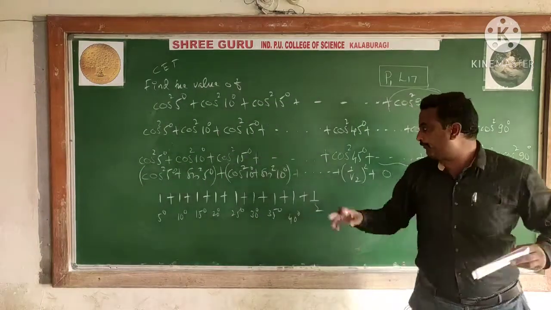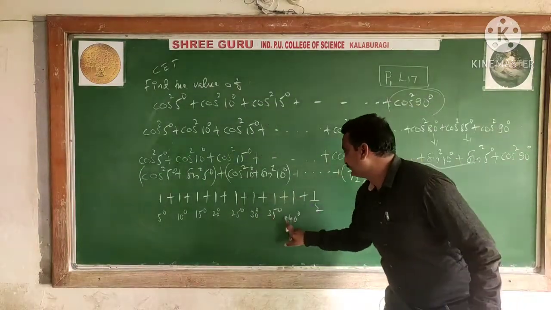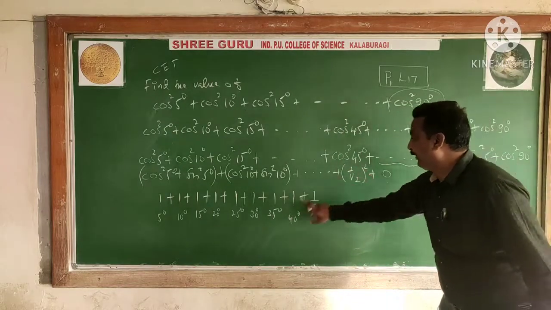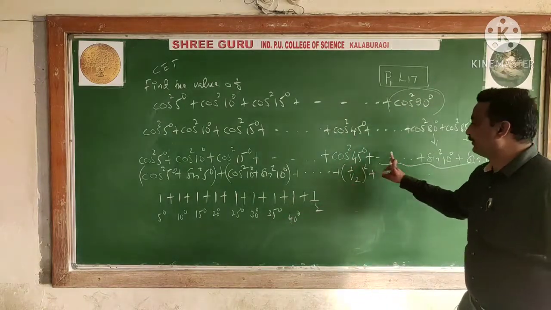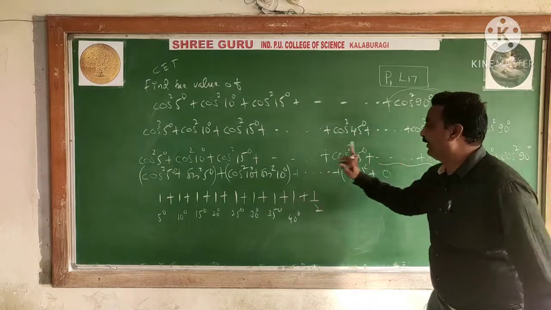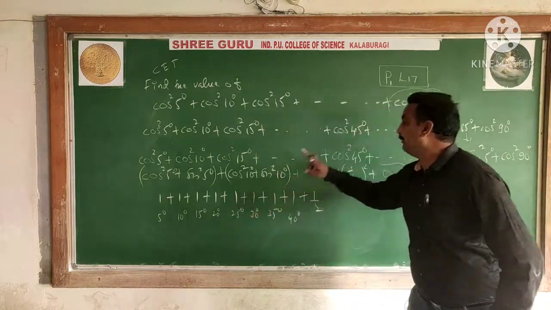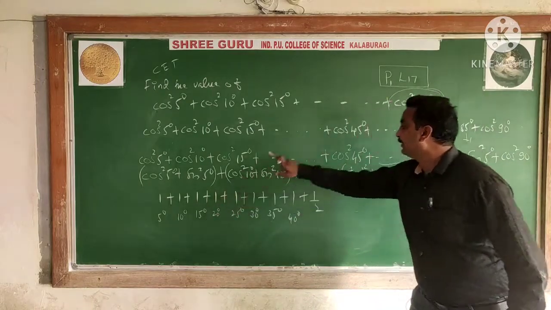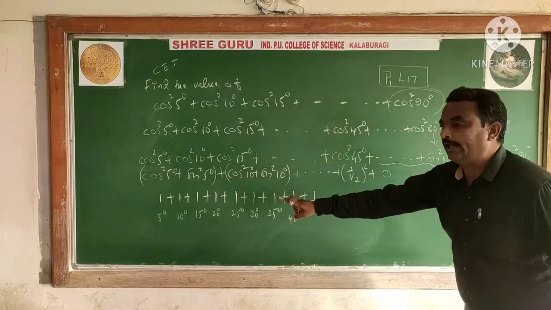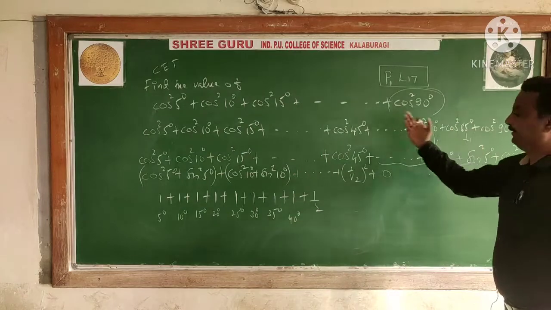Afterwards, 50 can be written as 40, 55 as 35, 60 as 30, 65 as 25, 70 as 20, 75 as 15, 80 as 10, and 85 as 5 degree.